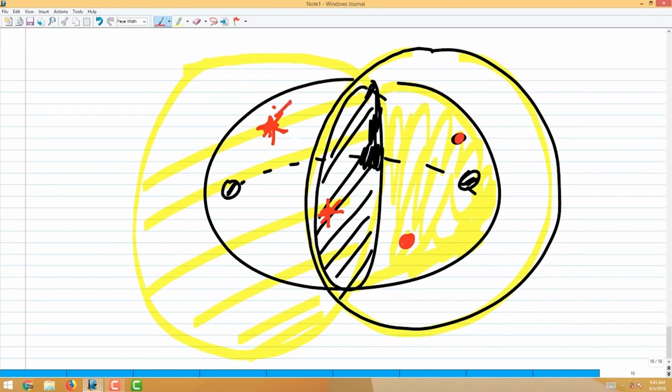Because this simplicial vertex will remain a simplicial vertex even if this part comes, because it's beyond the minimal separator, it cannot have any neighbor on the other side. So its simplicial status will still be valid. Similarly, if this is completely on the right side of the minimal separator, even if we attach this, it will remain simplicial, right?